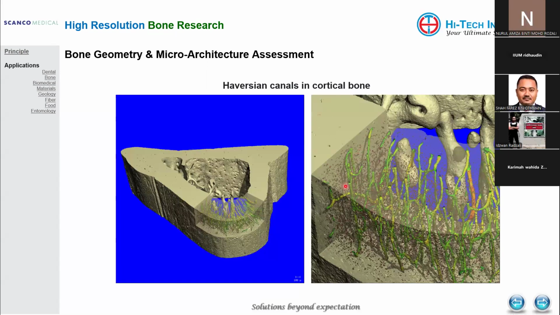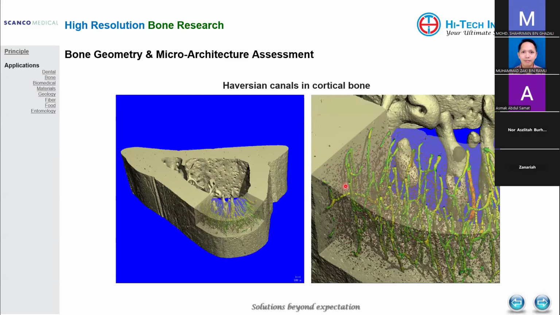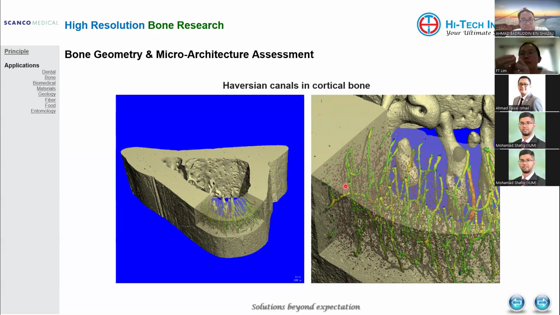As long as you can identify which density, whether it's high or low, if you know that the density of the cells ranges from, let's say, 1 to 10, and the density of the Haversian canals ranges from 20 to maybe 50, and the bone will definitely be a few hundreds, you just need to tell the software that, okay, I want to focus on 20 to 50.